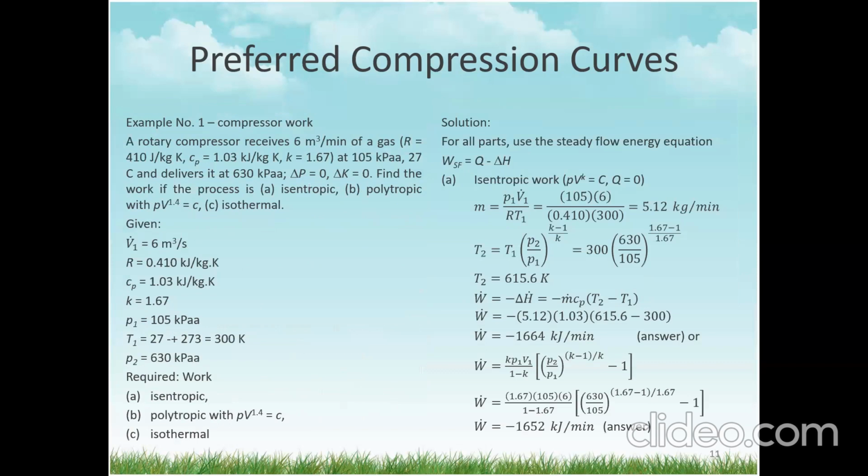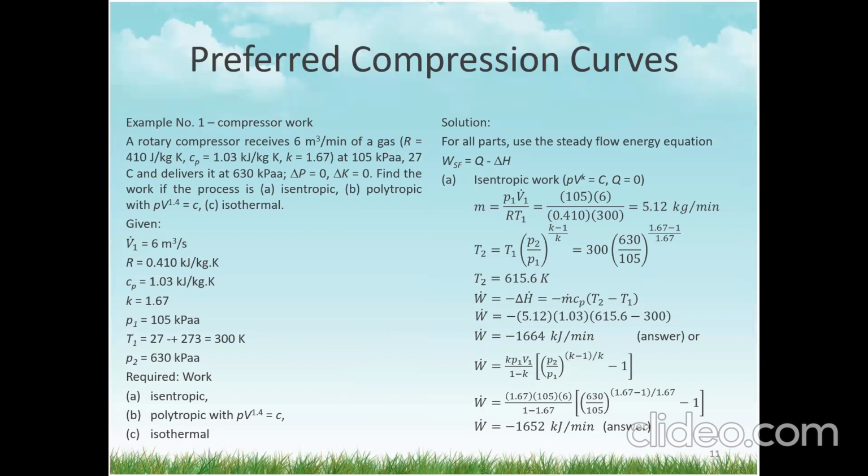So, example number 1. Air compressor work. A rotary compressor receives 6 cubic meter per minute of gas. R is 410 joules per kilogram Kelvin, Cp is 1.03 kilojoule per kilogram Kelvin, K is 1.67, at 105 kilopascal absolute, 27 C, and delivers it at 630 kilopascal.